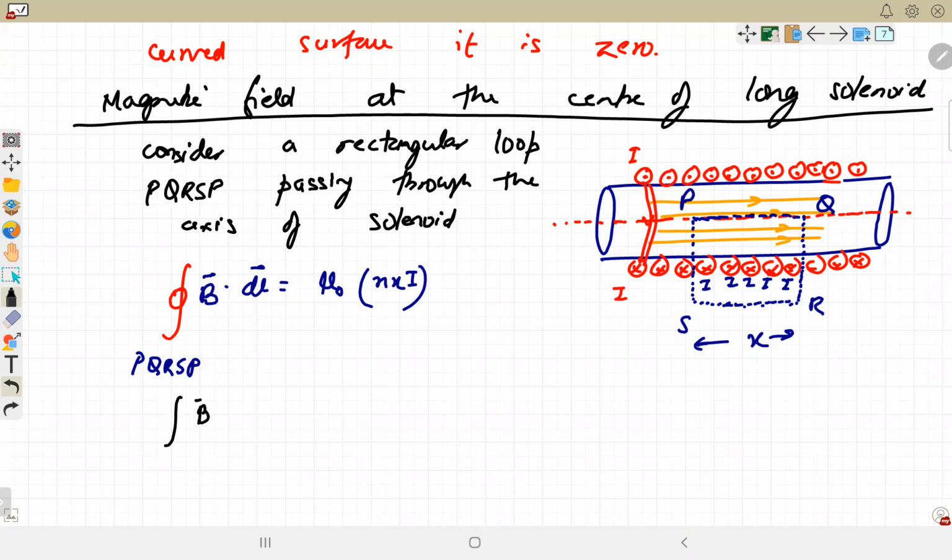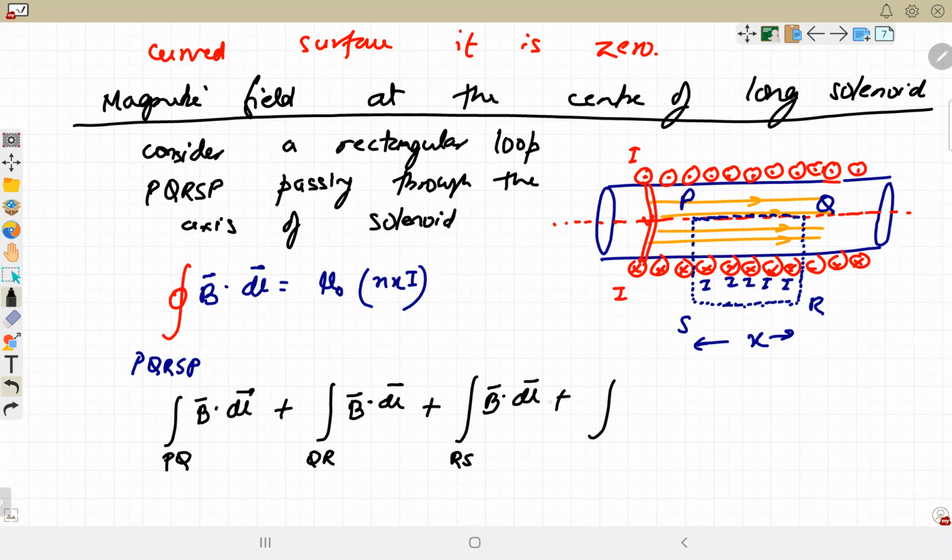Now this circle on the integral is gone, because that was for the whole closed loop. Now we are opening it first from P to Q, then from Q to R, then from R to S. In this integration, you should not put a circle because these are not closed loops; the starting point is different and the ending point is different. B dot dL is equal to mu naught nxI.